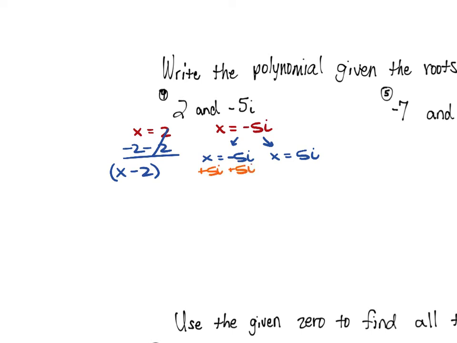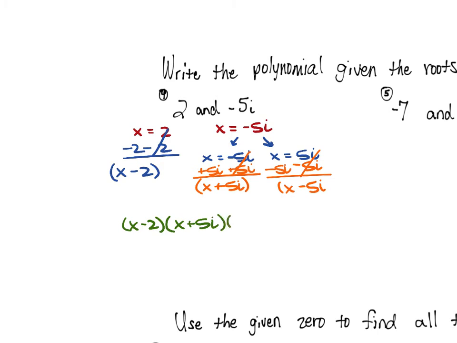We're going to add the 5i with the x is equal to negative 5i to get x plus 5i. Put it in parentheses, then subtract the other, and we get x minus 5i. So if we put this all together, we're going to have x minus 2 times x plus 5i times x minus 5i.